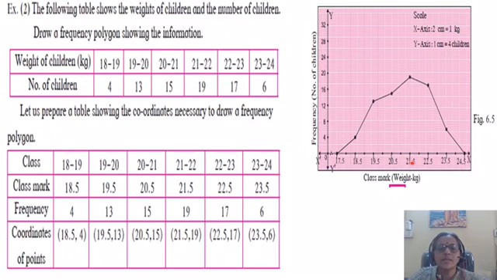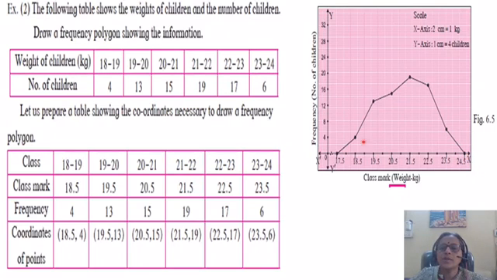Then the next is 21.5, 19. Next is 22.5, 17. 23.5, 6. Observe the frequency and note this down. The last is 24.5 comma 0.